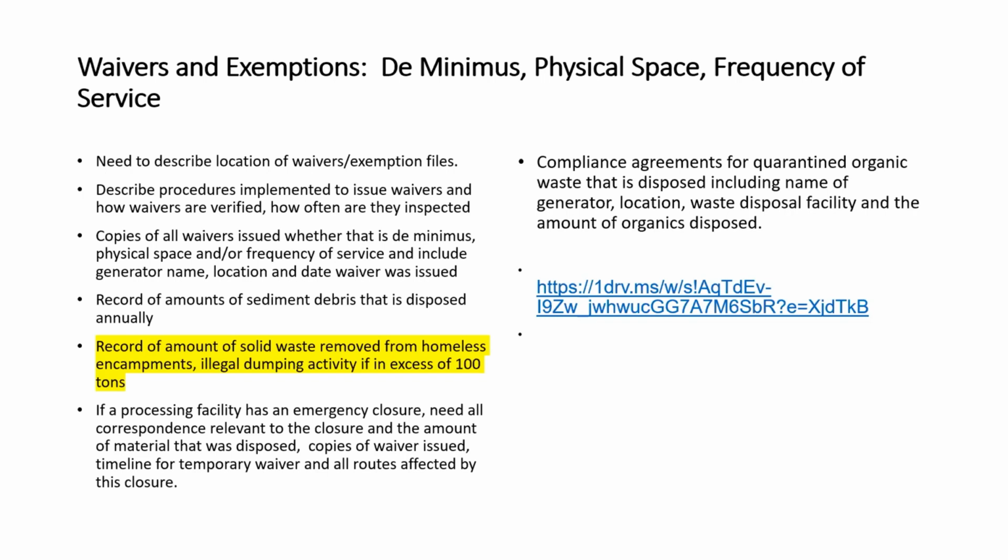So hopefully, if you're in charge of this report, you're going to find out if the hauler's doing that, or if code enforcement has a special contractor that does this type of waste removal. And also all of the tonnages from illegal dumping that's been collected. So I don't know whether that's part of your franchise hauler contract, or if there's a specific hauler that just provides illegal dumping removals. That's something that has to be reported if in fact it's over 100 tons. Okay, next slide, please.